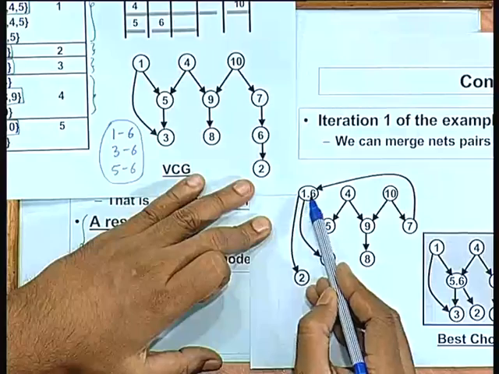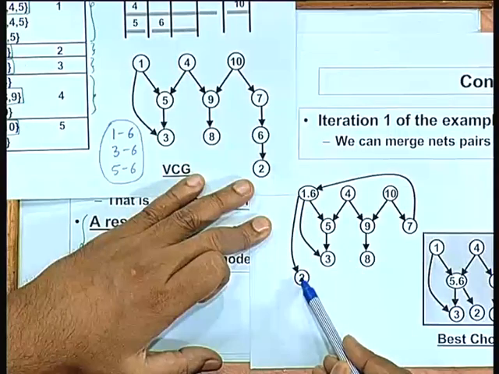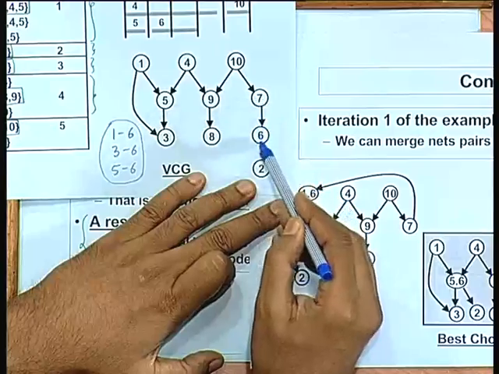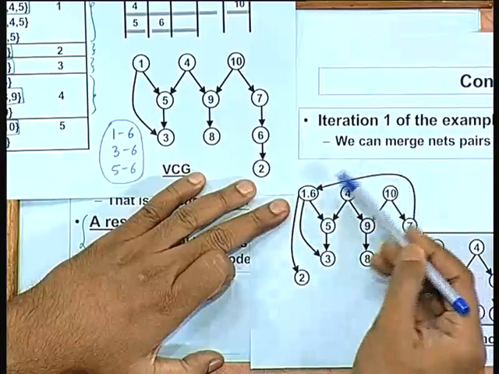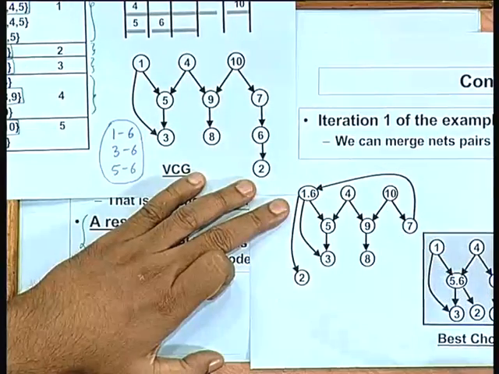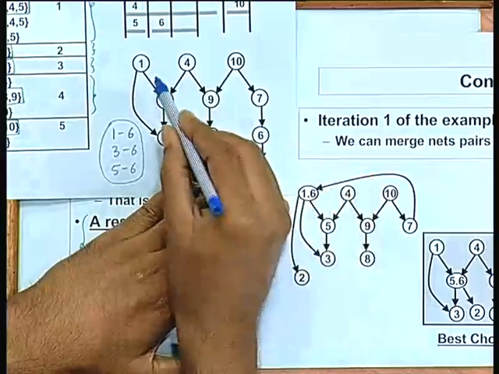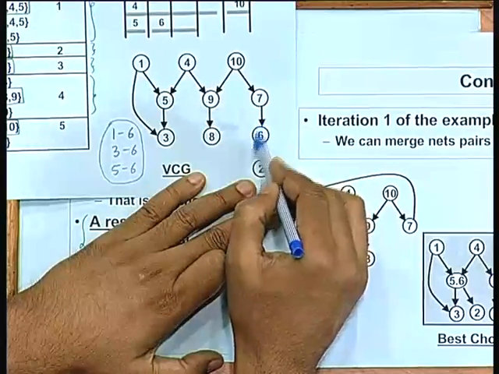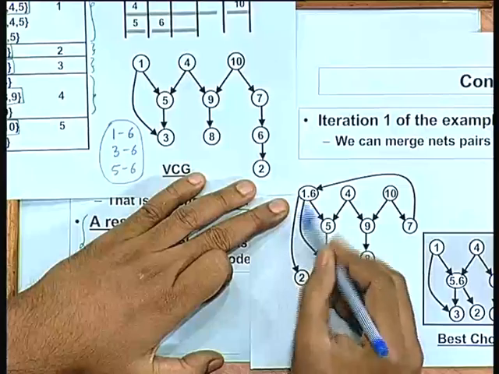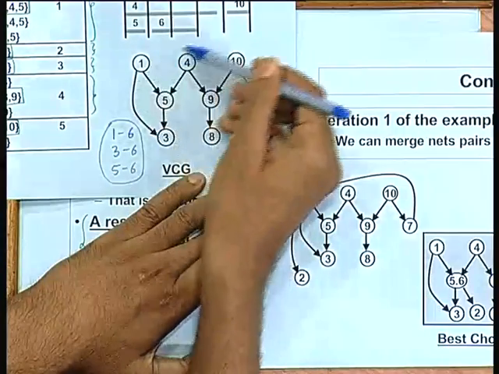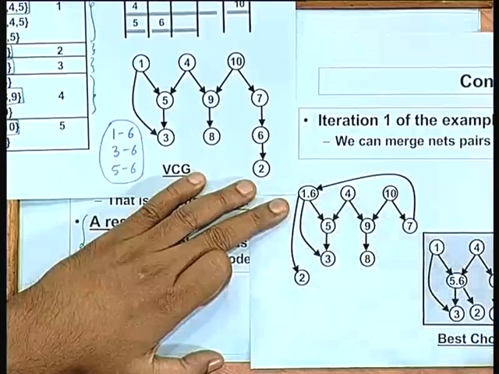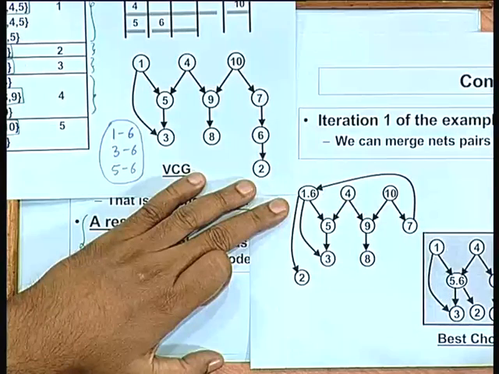So, now from 1.6 there will be an edge out to 2. Similarly, there was an edge from 7 to 6, now there will be an edge from 7 to this 1.6. So, the edges which are going out of 1 and 6 will now be going out of 1.6, and the edges which are coming into 1 or 6 will now be coming into this composite node, right.